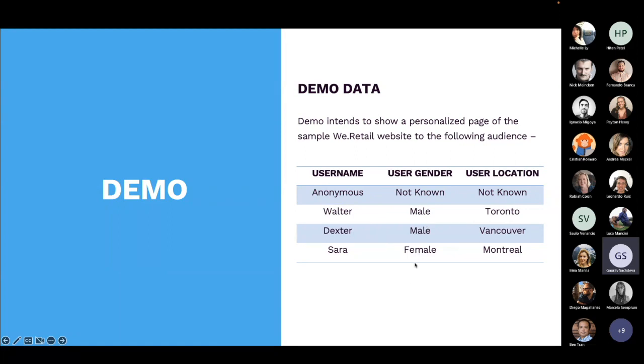So based on this, any segments can be created with one or more attributes, such as location. For example, for this, the segment has been created so that the gender should be male and the location should be Toronto. There can be multiple permutations and combinations created for segments, which we'll see in the configuration as well.